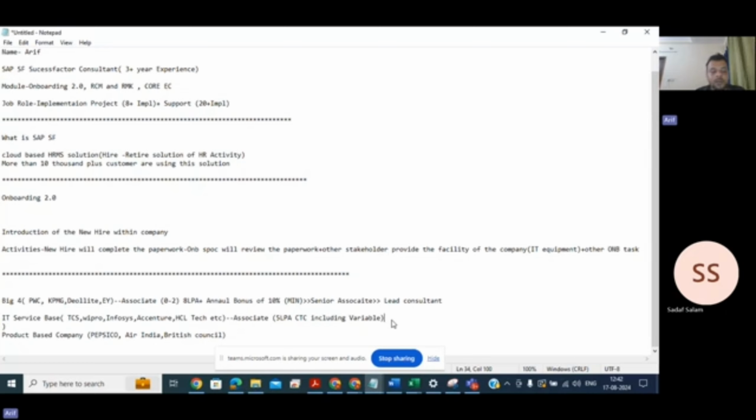Once you get enrolled in the project, the learning curve will increase, and slowly you will excel within the domain. So we started with 5 lakh rupees, but within the mark of 1 year, you will be in a good position to grab a salary of 15 plus LPA anywhere in the industry, be it big four, other IT based companies, or product based companies.